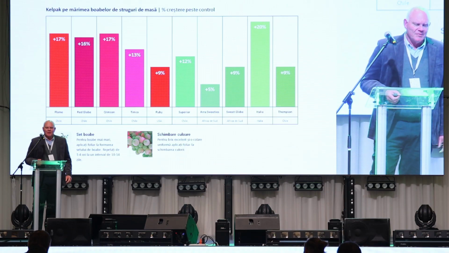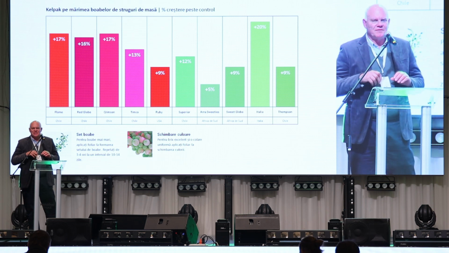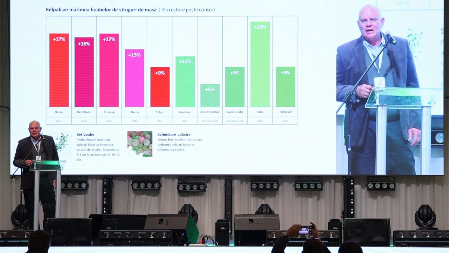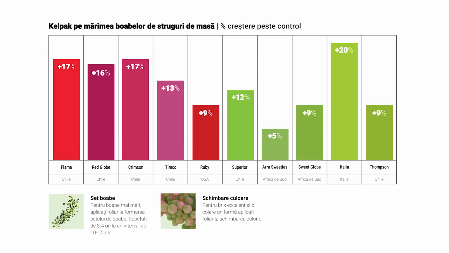Now, this graph is just an overview of what we get worldwide. Our product is very prominent in table grapes, and so I'm just showing some results from across the world. You have trials from Chile, the USA, South Africa, and also Italy.